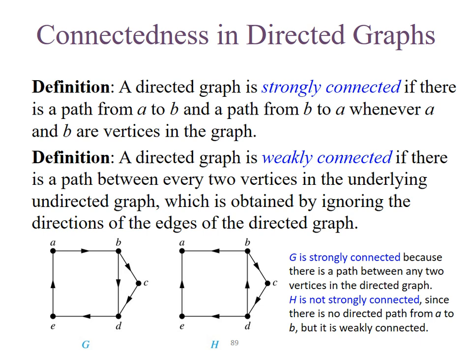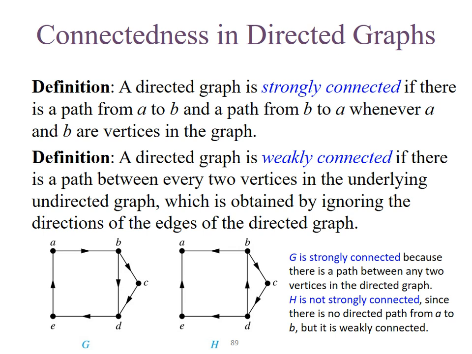Alright. Next, let's see the connectedness in directed graphs. Okay, so we have two definitions: strongly connected graph and weakly connected graph. If we have a path from A to B and also a path from B to A for any pair of vertices A and B in this graph, then we call this directed graph strongly connected.